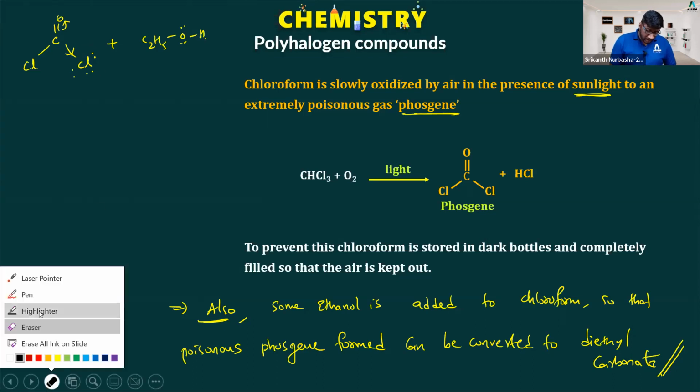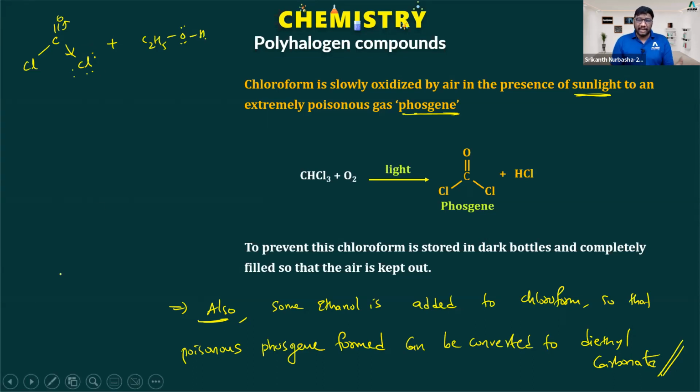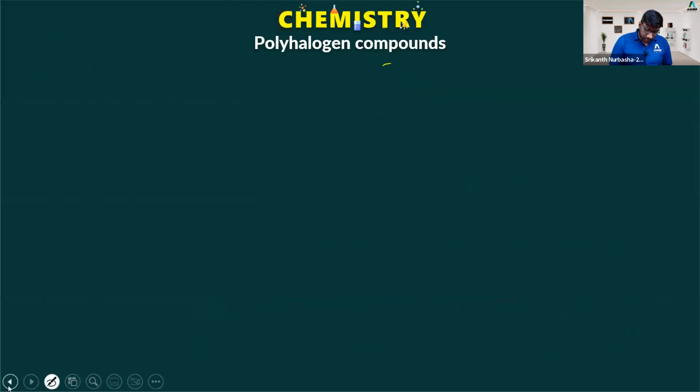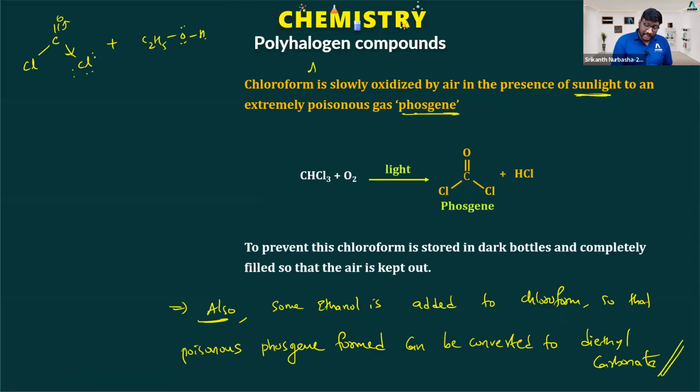That is why, whenever you look at derivatives of carboxylic acid, what are the derivatives we have? Four derivatives: acid halides, anhydrides, esters, amides. In that, acid halides are more reactive. Acid halides are very highly reactive towards nucleophilic substitution by addition elimination.